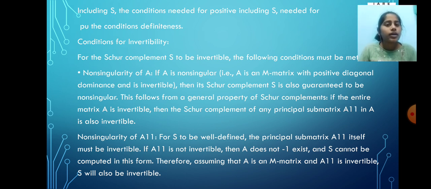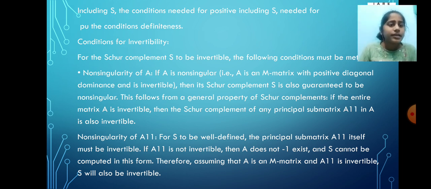Now let's talk about the condition for invertibility. For a Schur complement to be inverted, it requires non-singularity of A and non-singularity of A11. If A is non-singular, then its Schur complement S is also guaranteed to be non-singular.